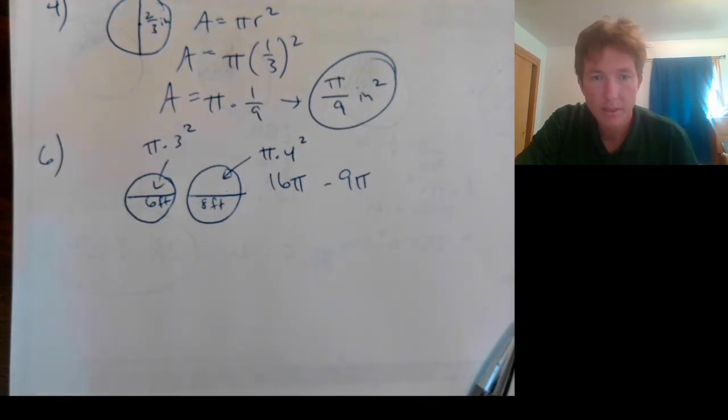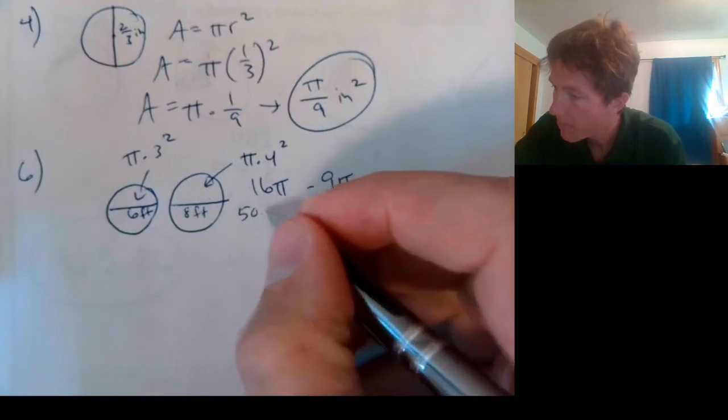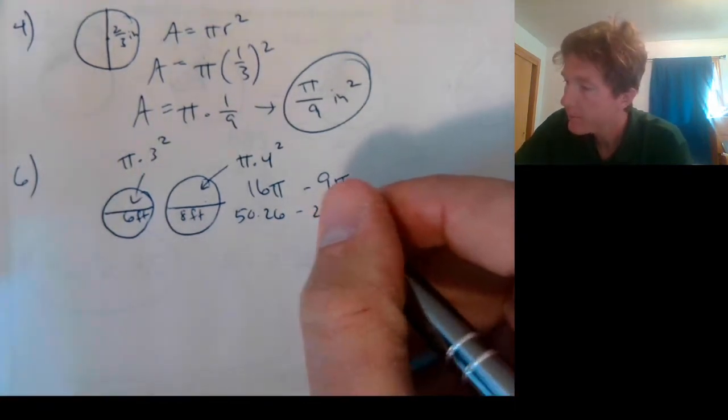So 16 times pi is 50.26, and 9 times pi is 28.27.